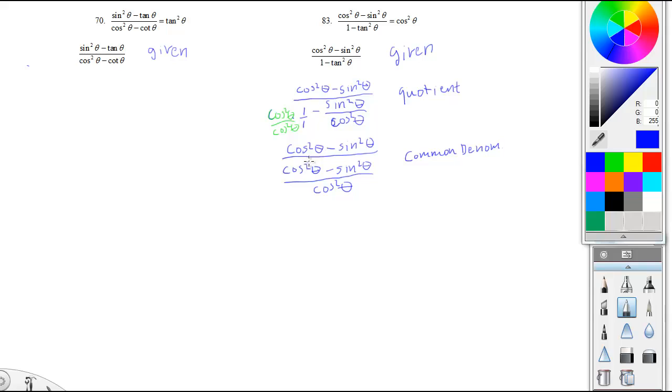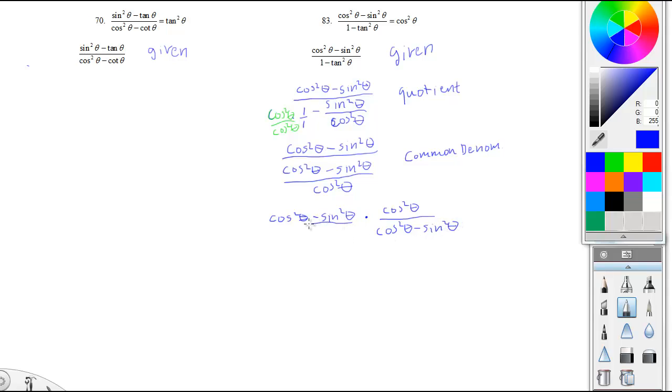And now we will rewrite it as multiplying by the reciprocal of the denominator. So here's the numerator, cosine squared theta minus sine squared theta, and we'll multiply that by cosine squared theta over cosine squared theta minus sine squared theta.